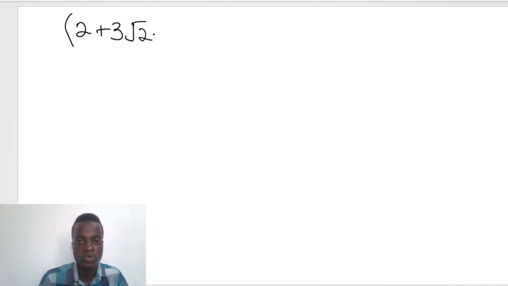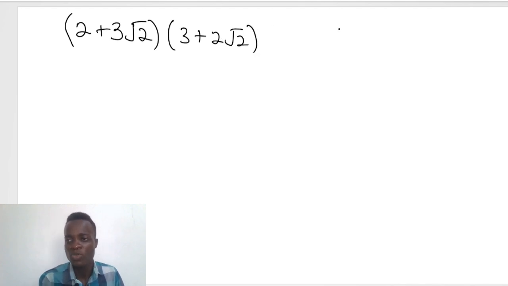using here. 3 root 2 multiplying 3 plus 2 root 2. I'm just using any example. But we also need to keep in mind that when the square root of 2 is multiplying the square root of 2, the answer is 2.